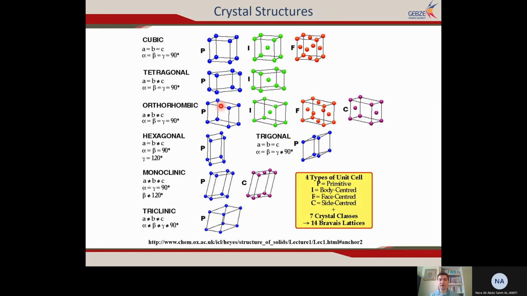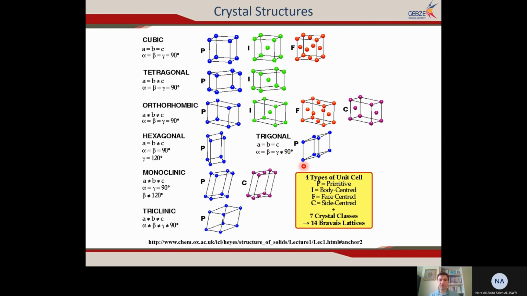In addition to that, we have different unit cells. Here we have blue ones. Blue ones are the primitive unit cells, and green ones are the body-centered unit cells. And here we have red ones, face-centered unit cells. And here we have purple or violet, let's say, side-centered unit cells.